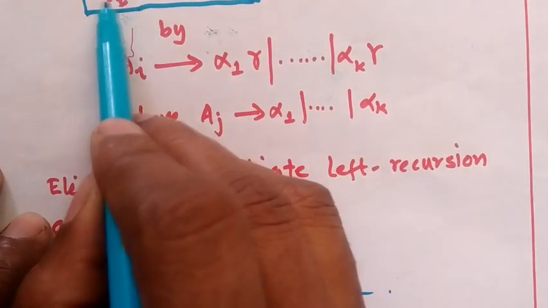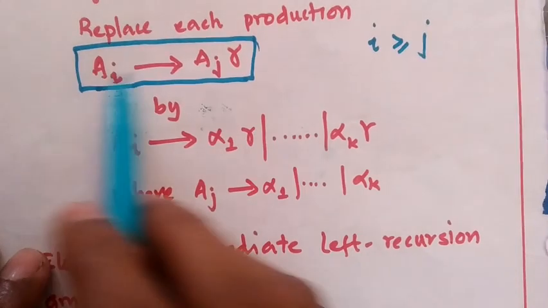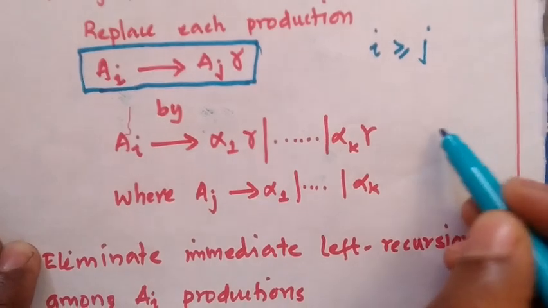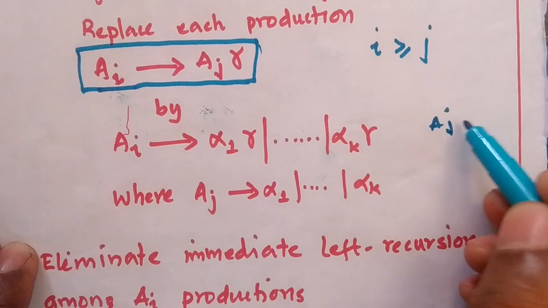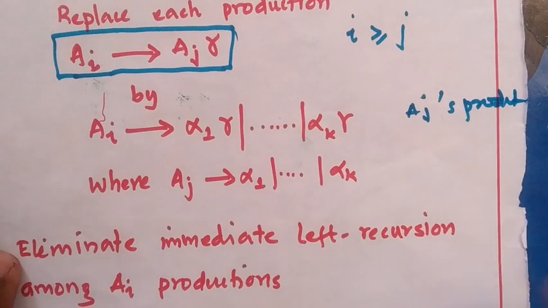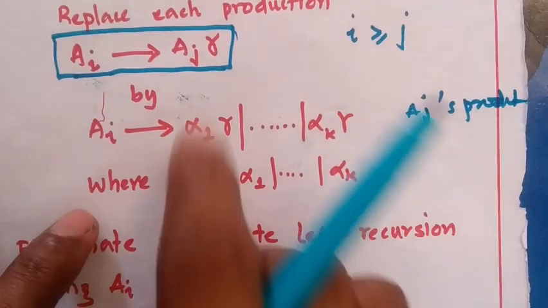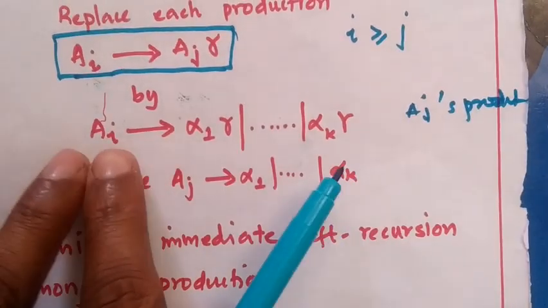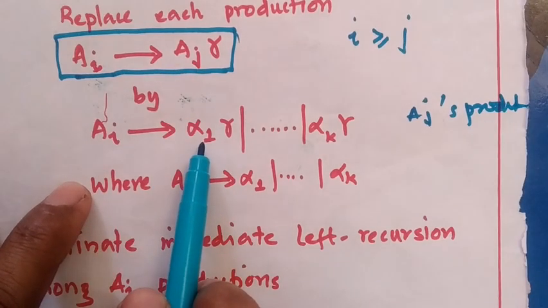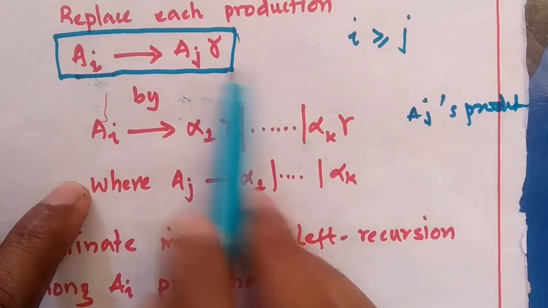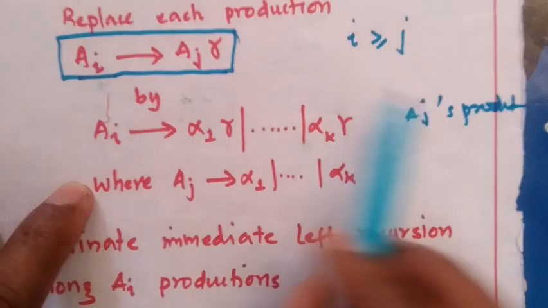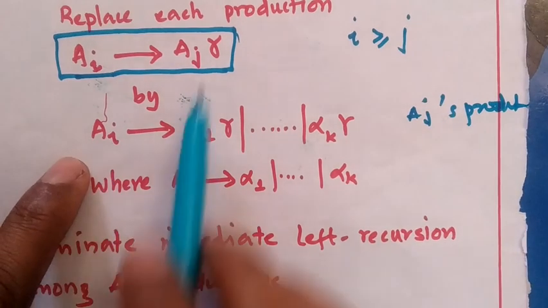Suppose we have seen such one production in the grammar, then we will find what are the Aj productions. Then all such Aj productions we will use to replace Aj. So that is what happened here. Here we have replaced Aj by its corresponding right side. So gamma is same, there is no change. So suppose you have k number of Aj productions, then all such right sides of Aj productions we have used to replace Aj.